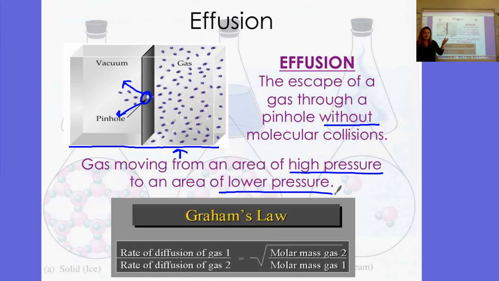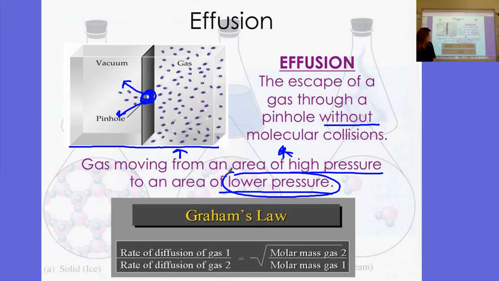Think of a can, if you use spray deodorant or spray perfume or anything like that. In that aerosol can, hairspray perhaps, it's a very, very high pressure. When you hit the little button, what happens? It escapes through the hole in the little sprayer, to an area of lower pressure or whatever your surroundings are.